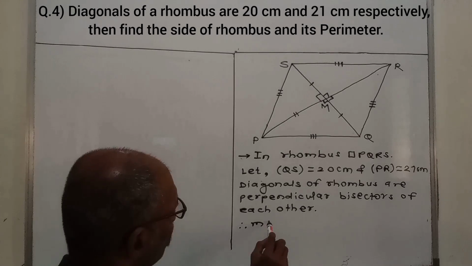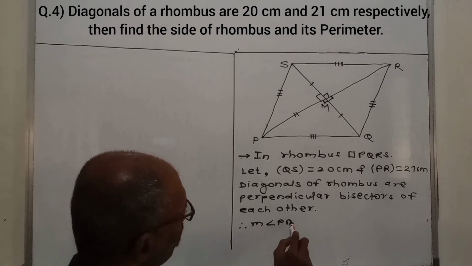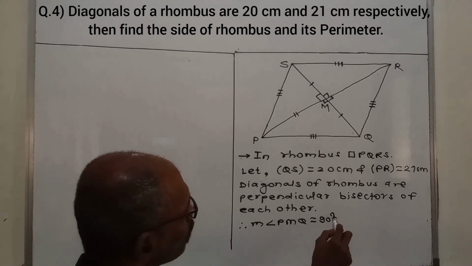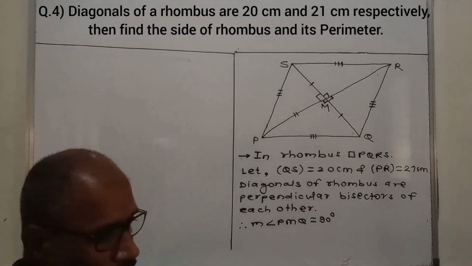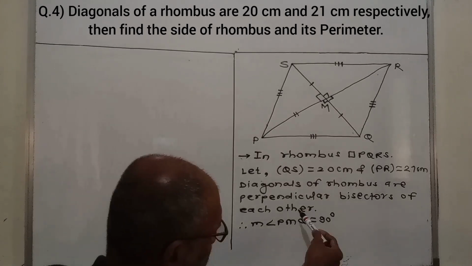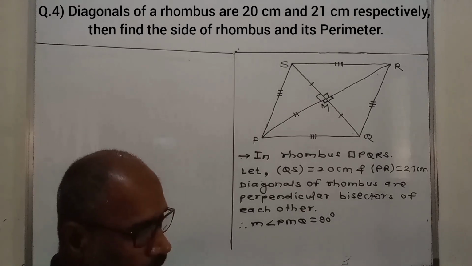See here, measure of angle PMQ is equal to 90 degrees. Did you get it? Now, bisectors of each other.